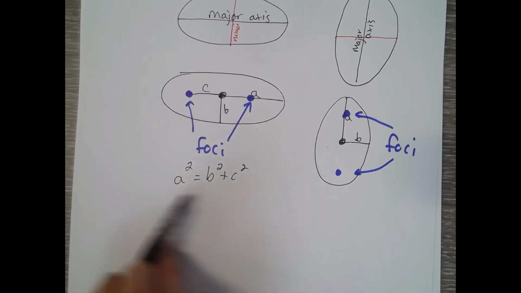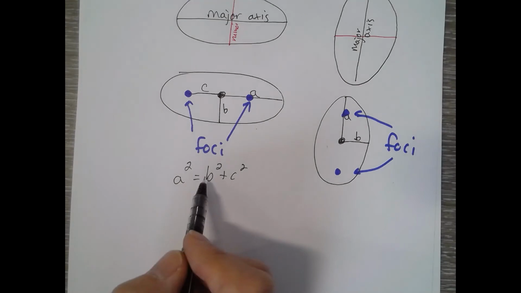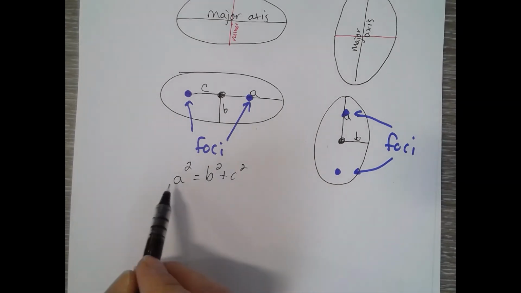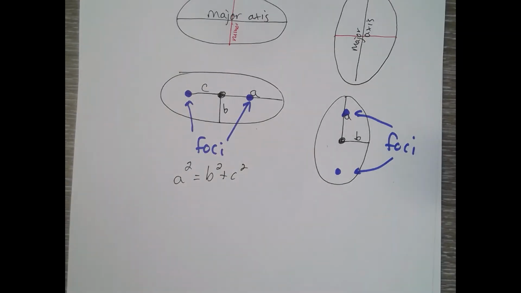Is this the Pythagorean theorem? No. Kind of looks like it, same letters, but it's not, because the Pythagorean theorem is a squared plus b squared equals c squared. In this case, A is the biggest one. So a squared equals b squared plus c squared. That's how they're related. Oftentimes you'll have a and b and have to find c, or you'll have a and c and have to find b.